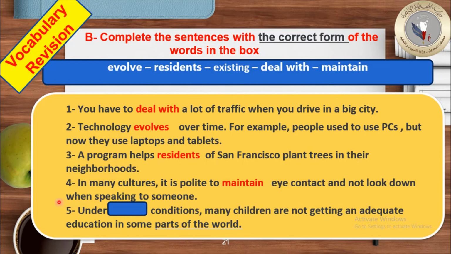So we come to the last one. Under space conditions, many children are not getting an adequate education in some parts of the world. So it would be, of course, existing. Well done.